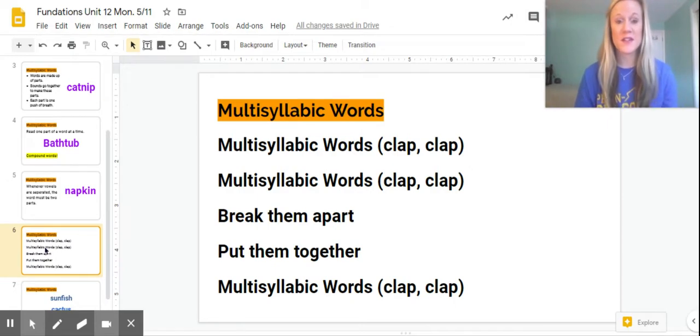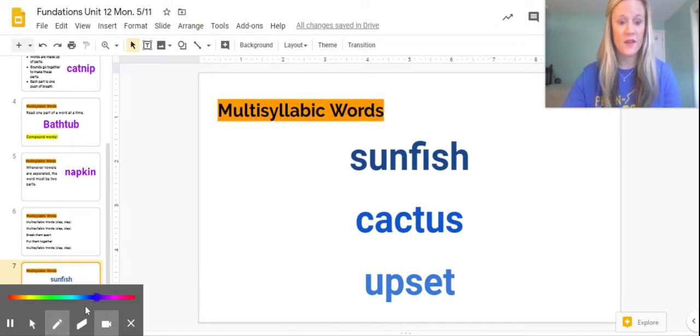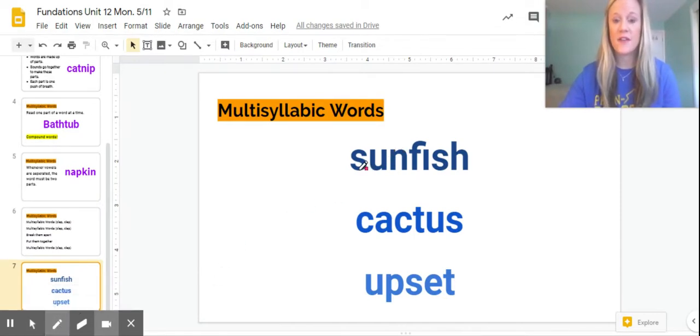We're just breaking the words into the parts that we see by looking at our vowels and the different parts that we know and then putting them together. Let's look at some more words. All right, down here we have some new words to look at. Now I have sun, fish. If I put them together, sunfish, sunfish.